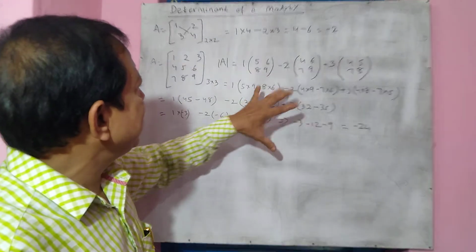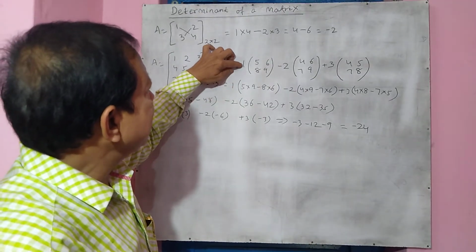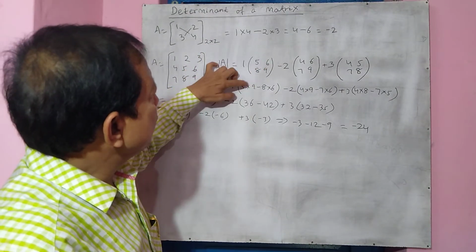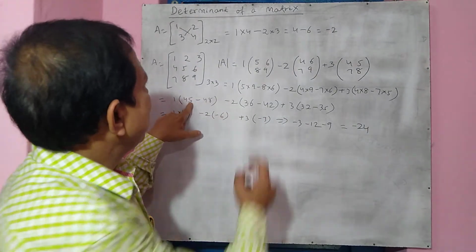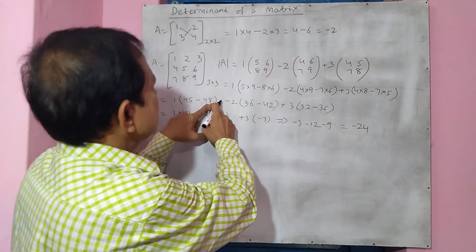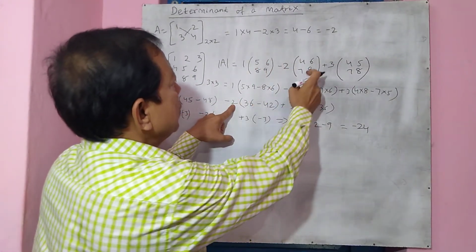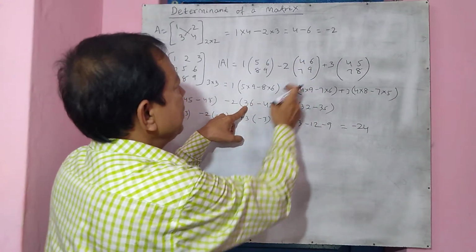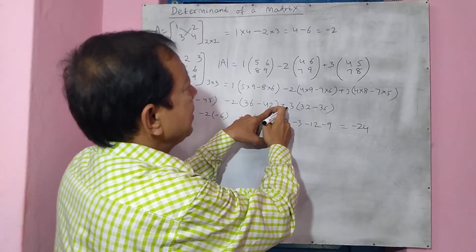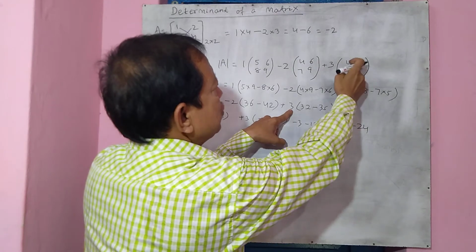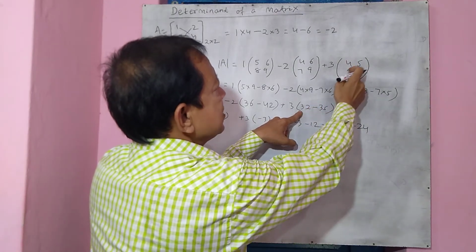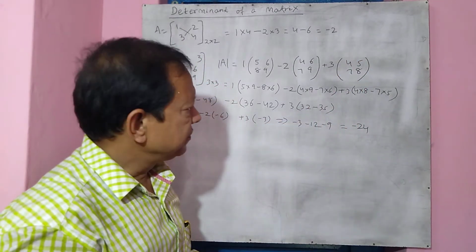Let us just check whether it is right or wrong. 1 into 9 5s are 45 minus 8 6s are 48. Okay, minus 2 into 9 4s are 36 minus 7 6s are 42. Okay, plus 3 into 8 4s are 32 minus 7 5s are 35.